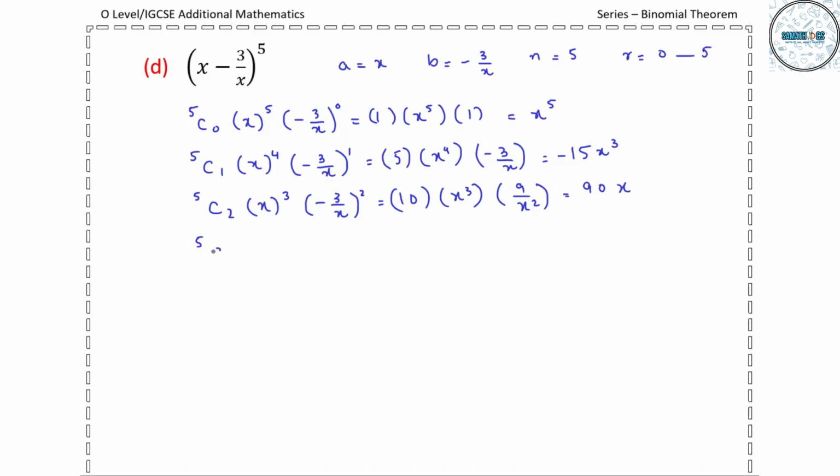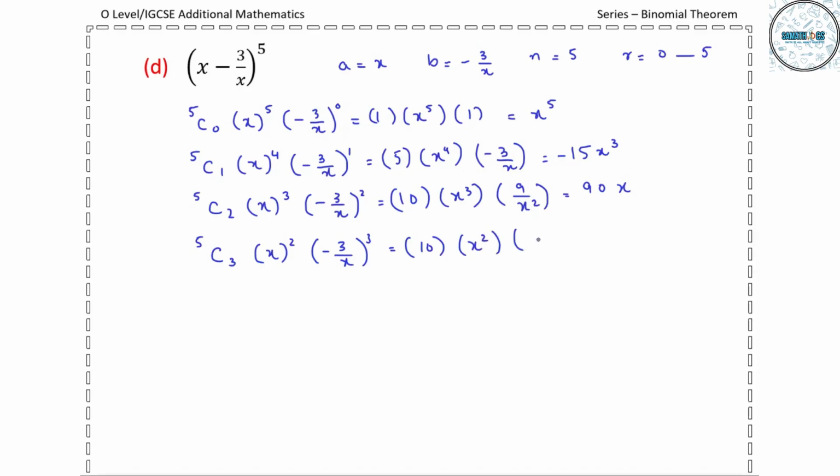Fourth term, 5c3, x with power 2, negative 3 over x with power 3. So 5c3 is 10. X with power 2 is x square.